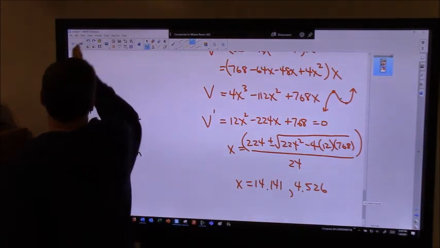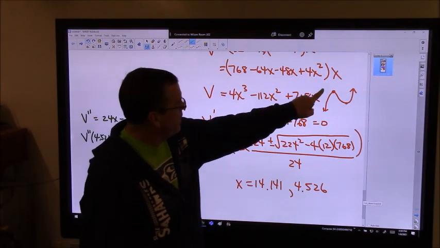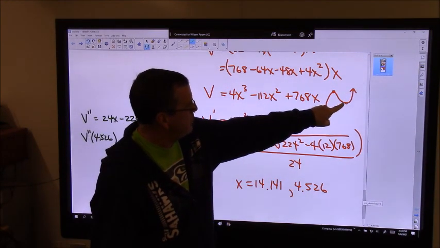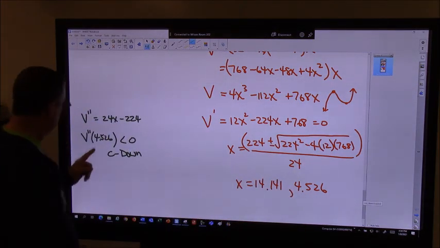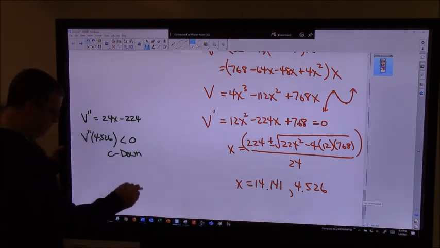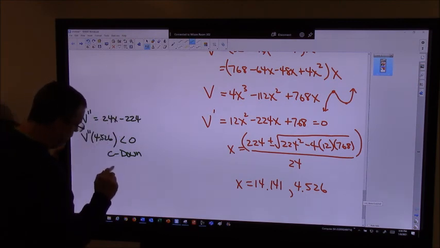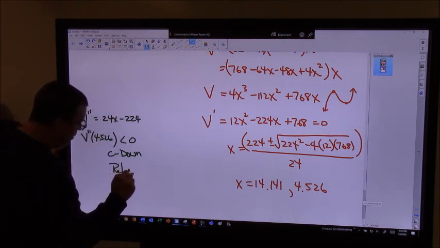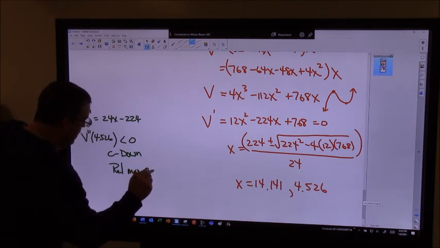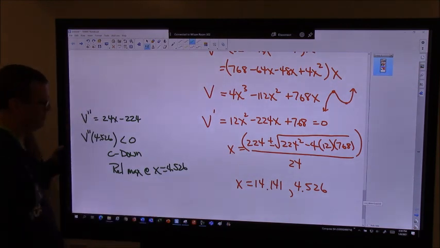So all I really want to know is, at this number, am I concave down or am I concave up? So when I plug this in, I saw in the calculator I got a negative value, therefore we're concave down, which means this is a relative maximum. So there's a relative maximum at x equals 4.526.